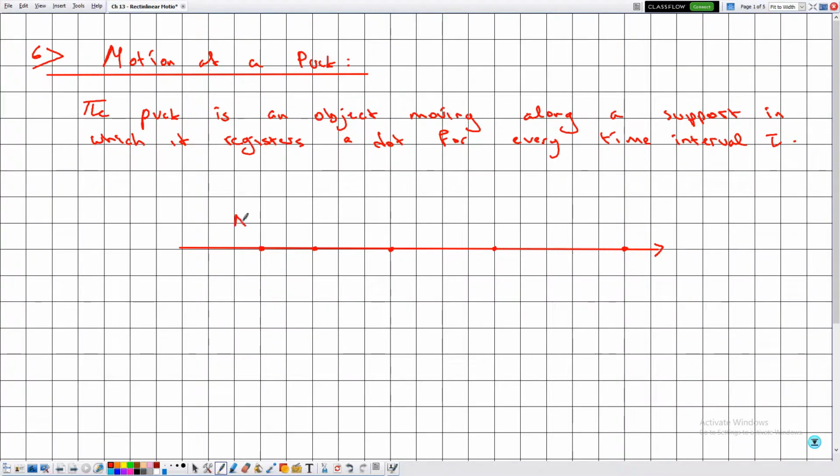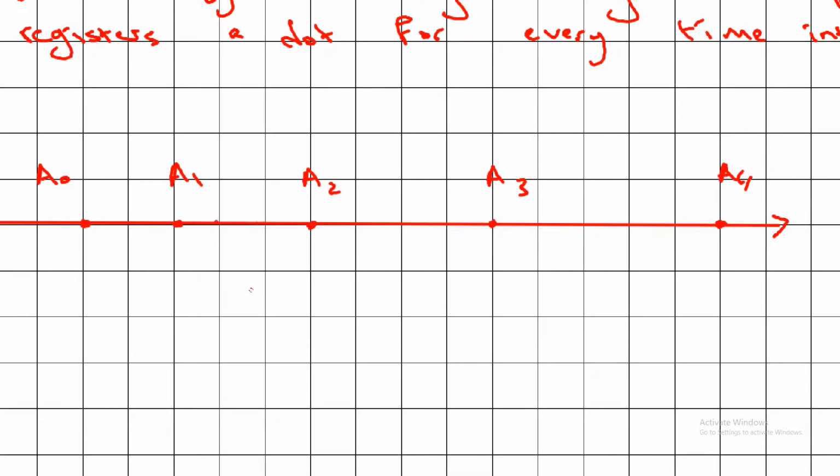So this is the point A0, this is the point A1, this is the point A2, this is the point A3, and this is the point A4, and so on and so forth. So the puck is moving along this axis.